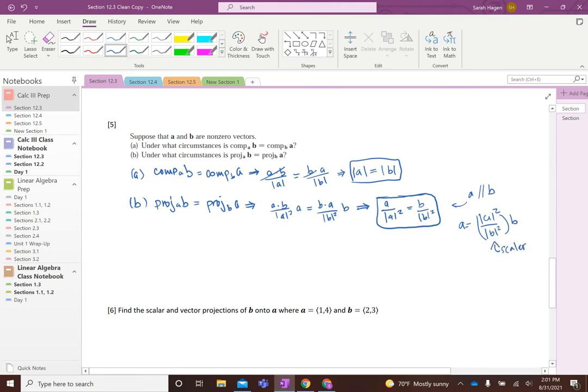And we know that for two vectors to be parallel, one has to be a scalar multiple of the other. So we know they have to be parallel.